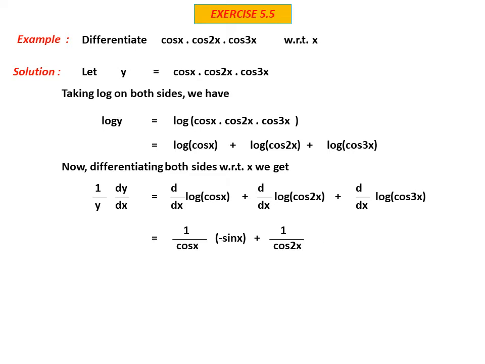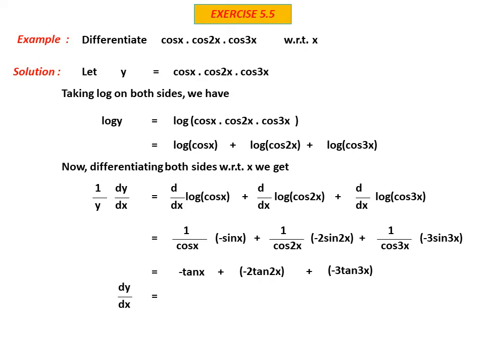Similarly 1 by cos 2x into the differentiation of cos 2x, which is minus 2 sin 2x. The differentiation of cos 2x is minus sin 2x and the differentiation of 2x is 2. So same thing here, 1 by cos 3x into minus 3 sin 3x. Now this you can simplify: minus tan x, minus 2 tan 2x, minus 3 tan 3x.